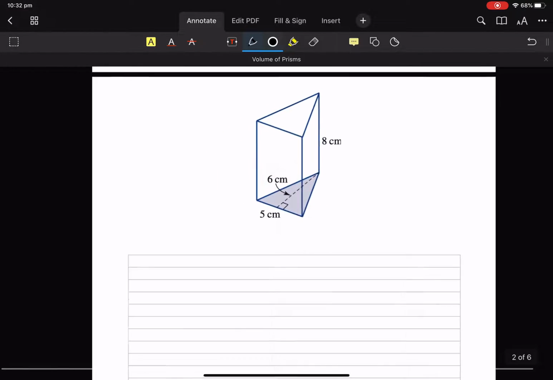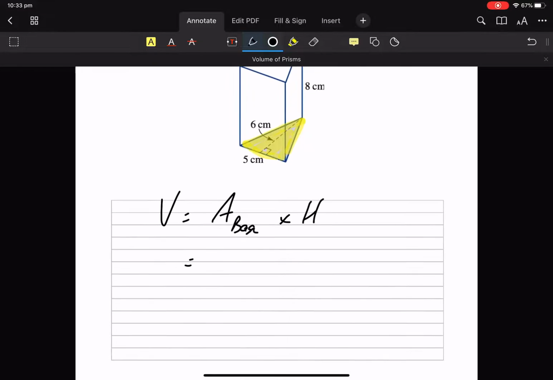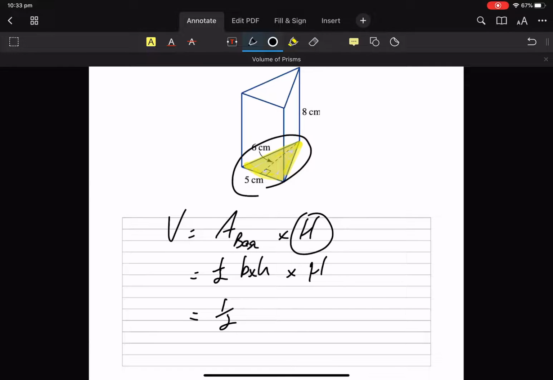Oh my gosh, here's one I prepared earlier. I think that is a triangular based prism. So volume equals area of the base times the height. Here, that yellow base is a triangle, so area of a triangle is a half base times height, and this height refers to the height of the prism, so it's a different h. Of the triangle, the base would be this 5.